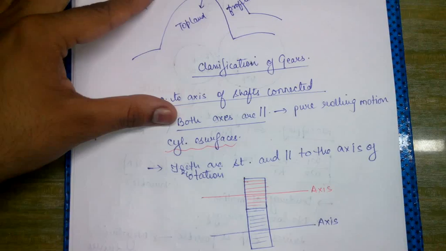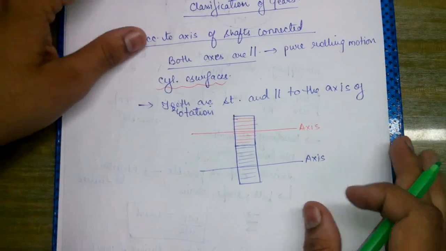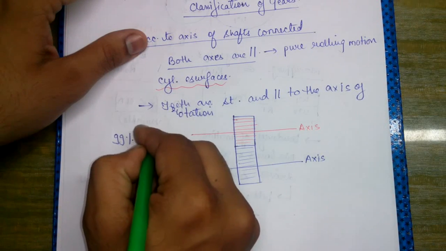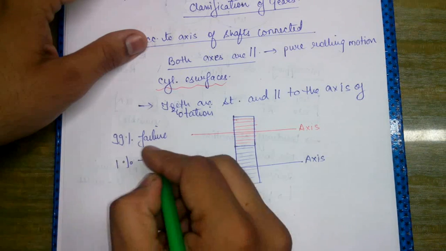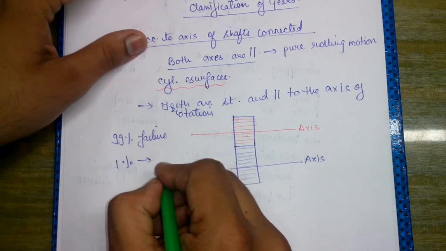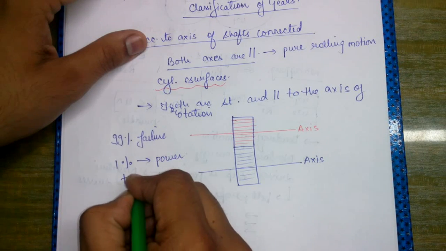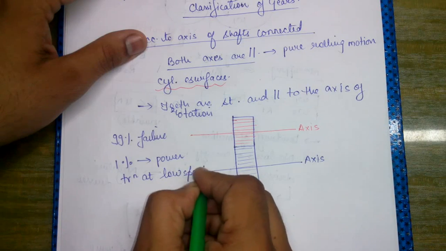So these axes are parallel to each other. These gears are 99% failure and only 1% are used, and that too for power transmission at low speeds.